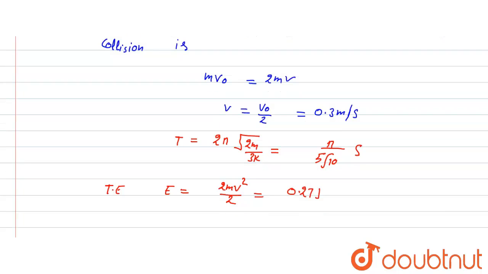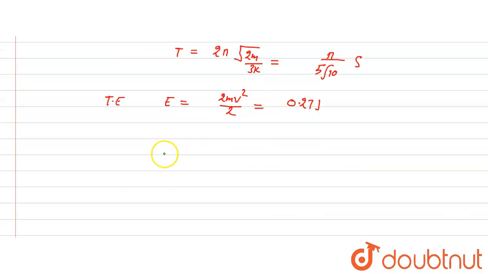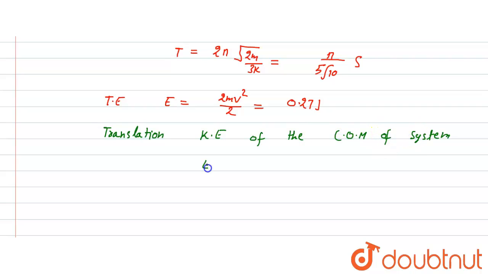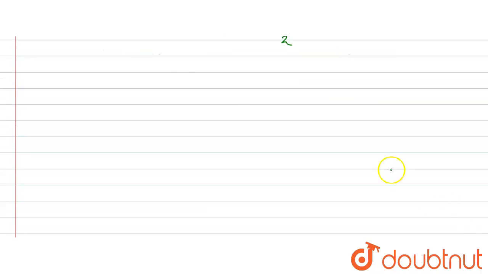Now the translation kinetic energy of the center of mass of the system, that is E CM, is equal to 3 m v square CM upon 2, and here it is equal to 0.08 joule.